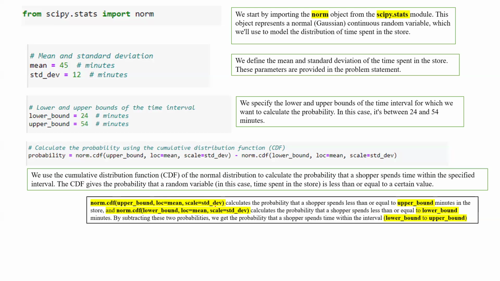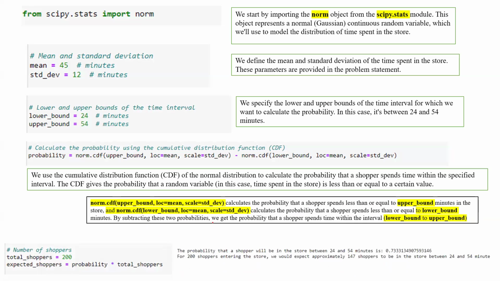Then by doing this subtraction, you find the probability that a shopper spends between the lower bound and upper bound in the store, which basically gives you 0.7333 or 73.33%.